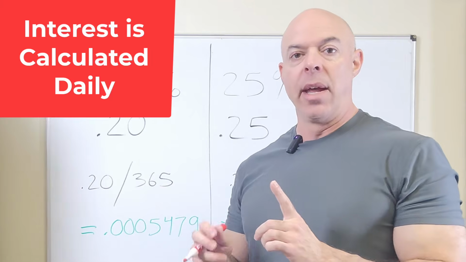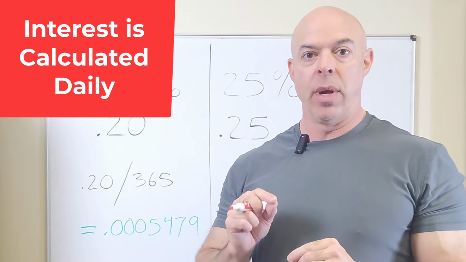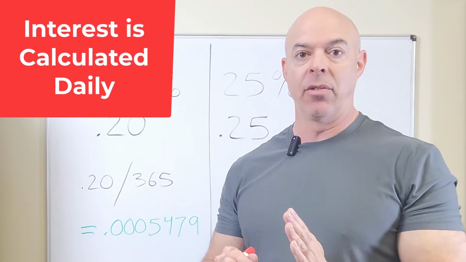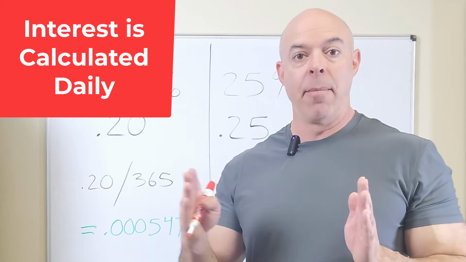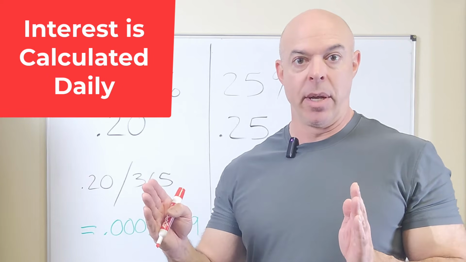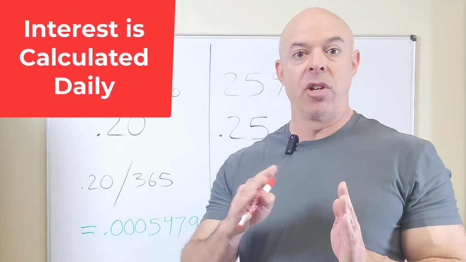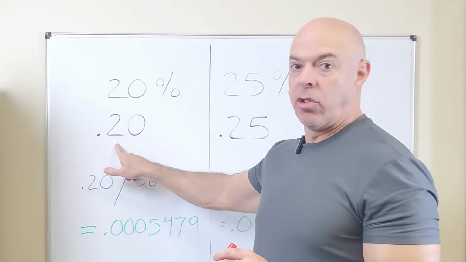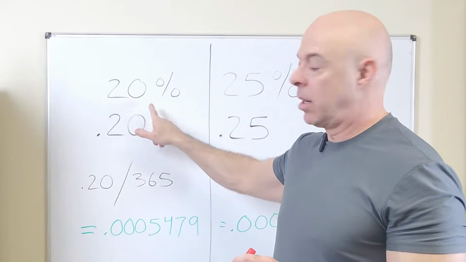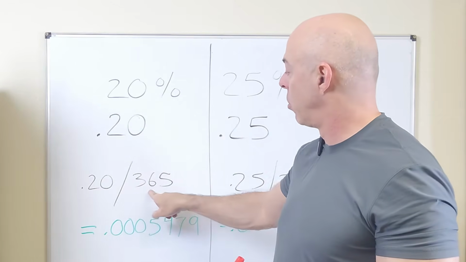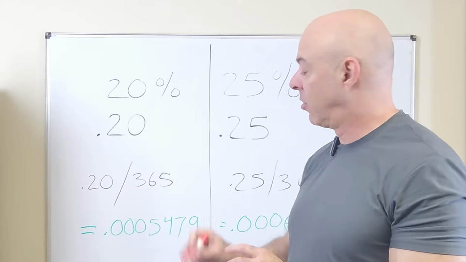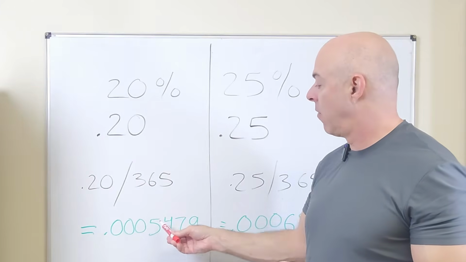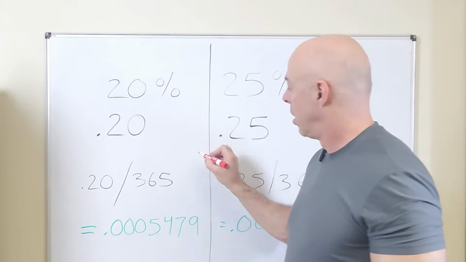First thing to note is that credit card companies charge you interest on a daily basis. And that's because during a month or during a billing period, your balance can change every single day. So we take 0.20, which represents 20%, and we divide it by 365 days. That's going to give us 0.0005479.